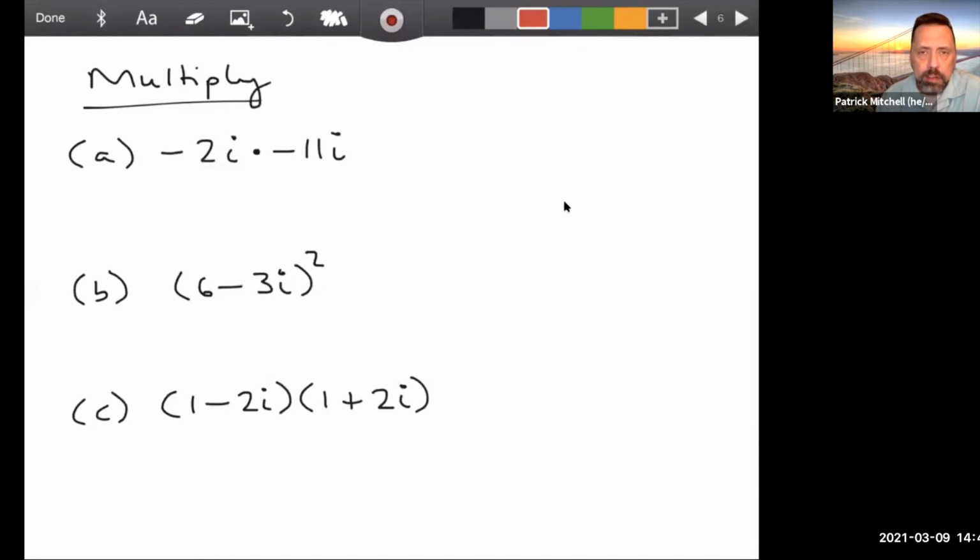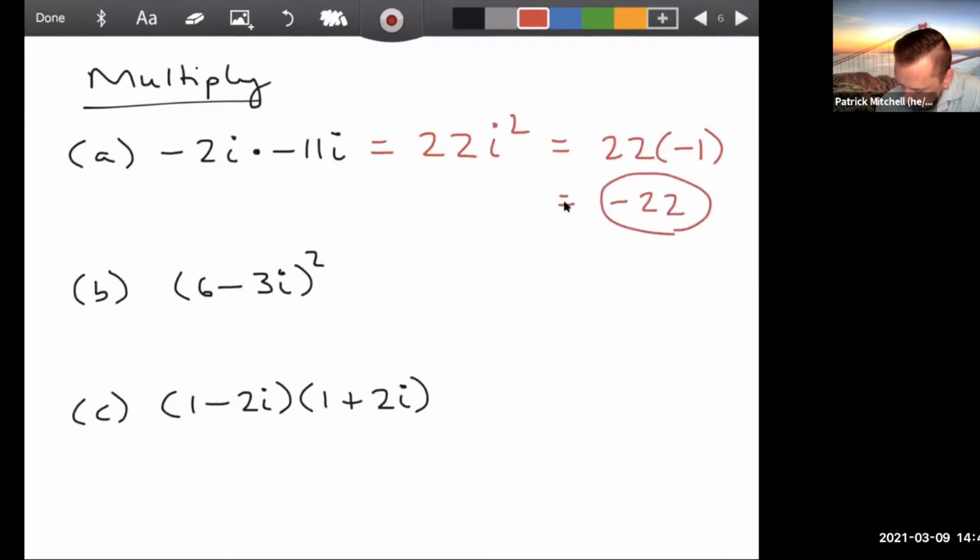That's actually pretty simple, similar to the square root of negative 4 times the square root of negative 9. Just multiply negative 2 times negative 11, which is positive 22. i times i is i squared. And what's i squared again? It's negative 1, right? All right, so the product of those two numbers comes out to negative 22.